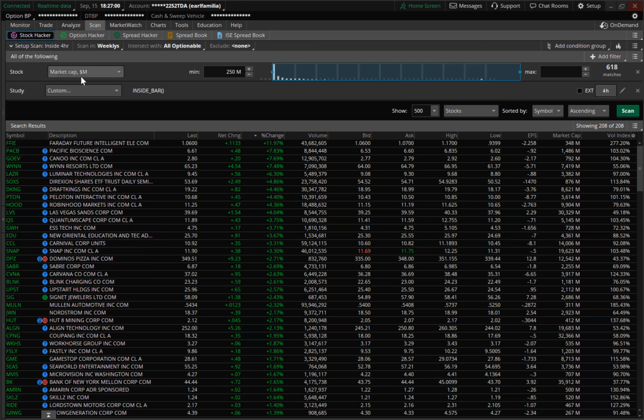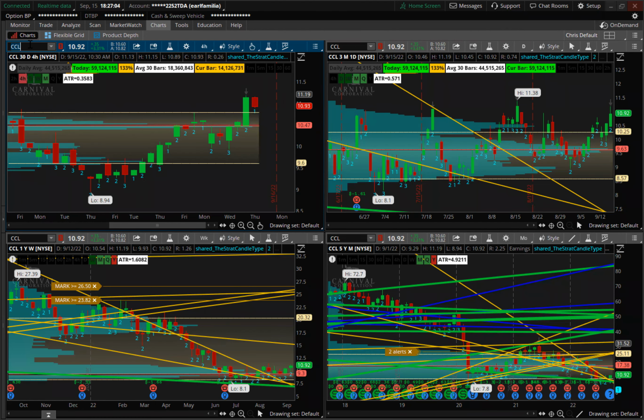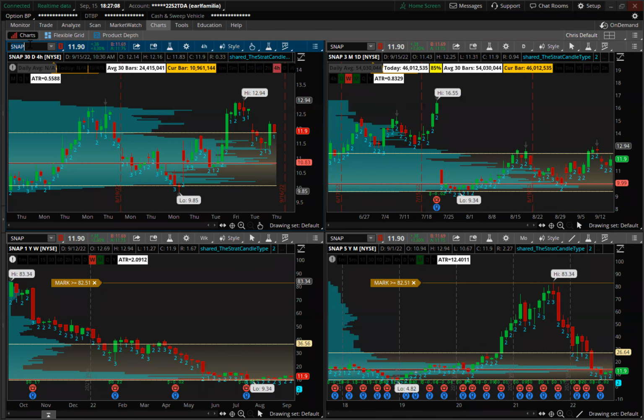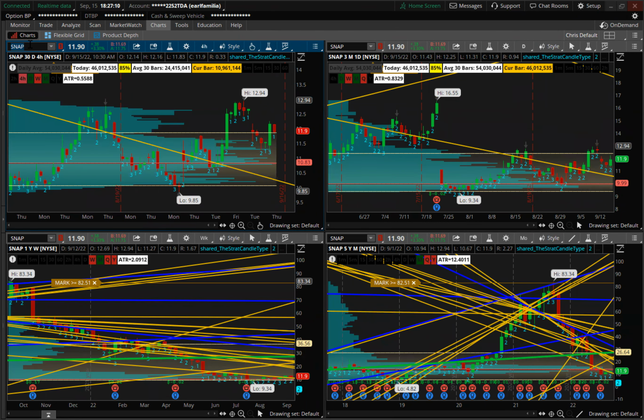So the next one here, I'll take a look at it, is Snap. So here on Snap, we've got a few things going on. We've got a 322 going to the downside on the week, and we've got 2 up on the day, but we've got a Luca setup on the 4 hour.